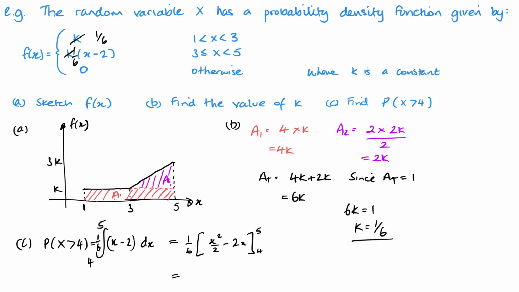Now I'll skip ahead here and just put the answer down, as I don't think you need me to keep showing you how to substitute numbers into things. So the answer is 5 over 12 there. Of course you can also use your calculator to do this, or at least to check it.